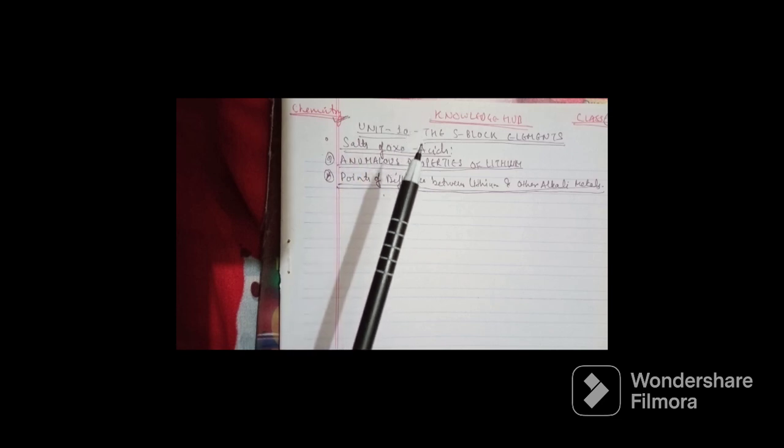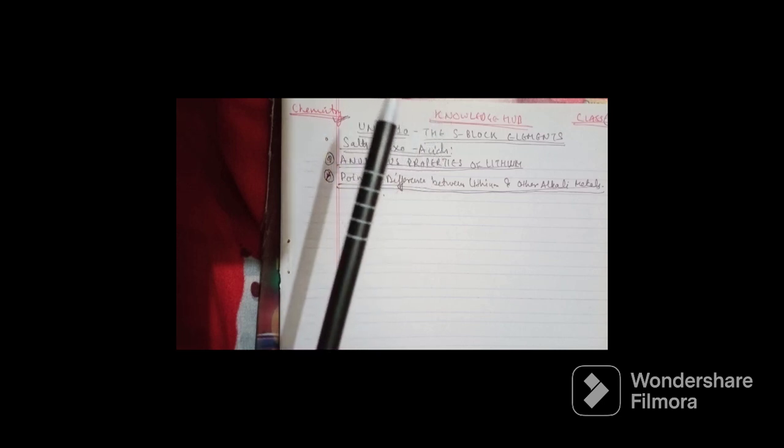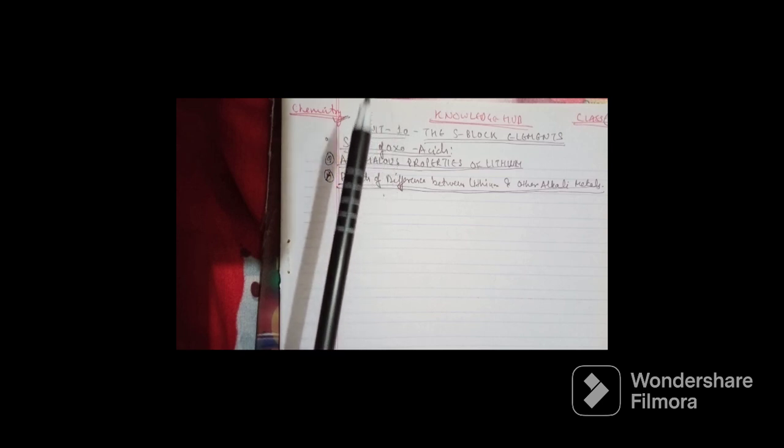Lithium hydrogen carbonate is not obtained in the solid form, while all other elements form solid hydrogen carbonates. Lithium, unlike other alkali metals, forms no ethynide on reaction with ethyne.